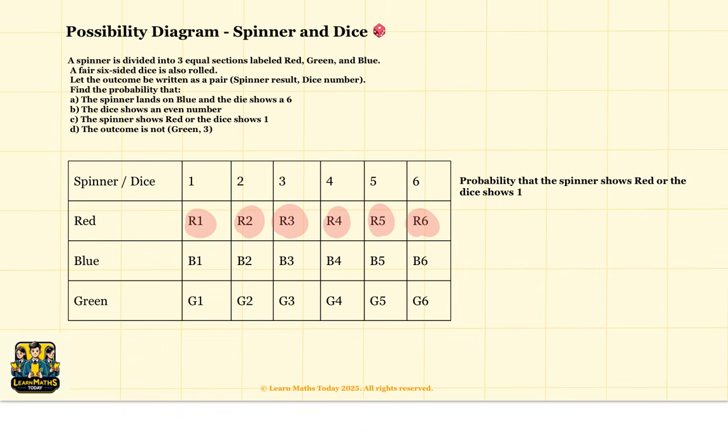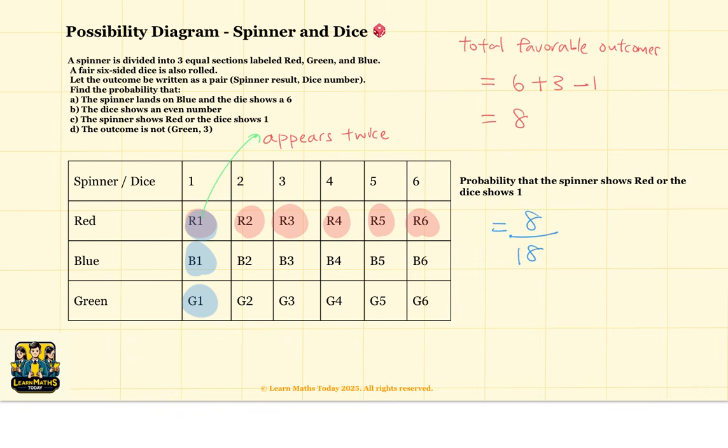When the dice shows a 1, we have red 1, green 1, blue 1, so we have a total of 3 outcomes. But note that red 1 appears in both groups, so we have to take care of this double counting. The total number of favorable outcomes will be equal to 6 plus 3 minus 1, equal to 8. Therefore, the probability of the spinner showing red or the dice showing 1 will be equal to 8 over 18, which is equal to 4 over 9.